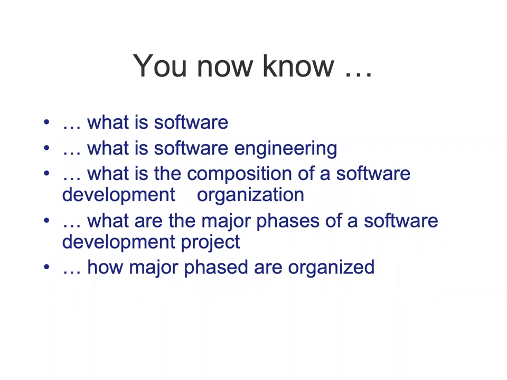And what the major phases of a software development process or project are, and how those phases are organized, like the coding, the design, the testing. All right. With that said, we're going to leave some time for questions, and we're going to end the day.